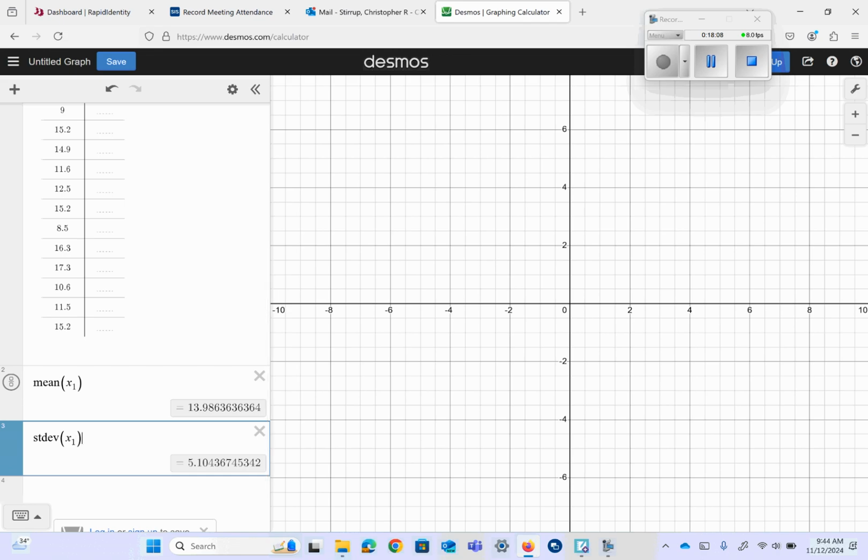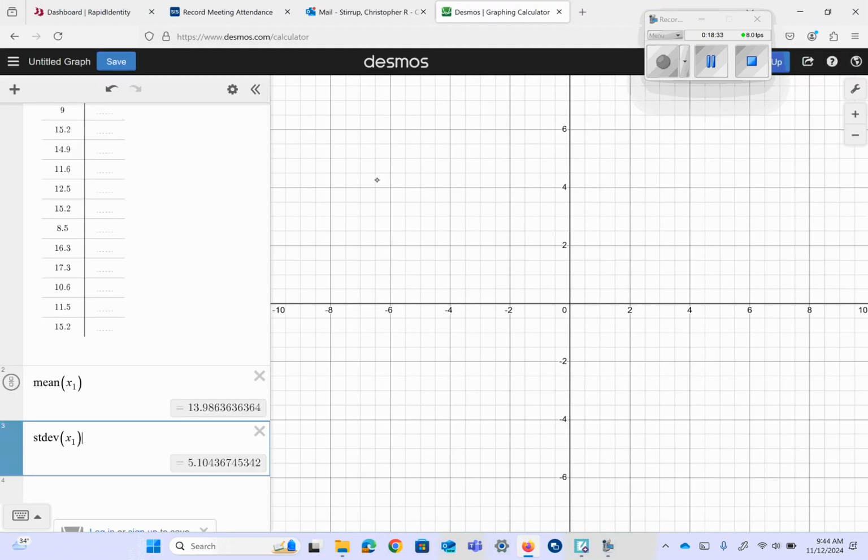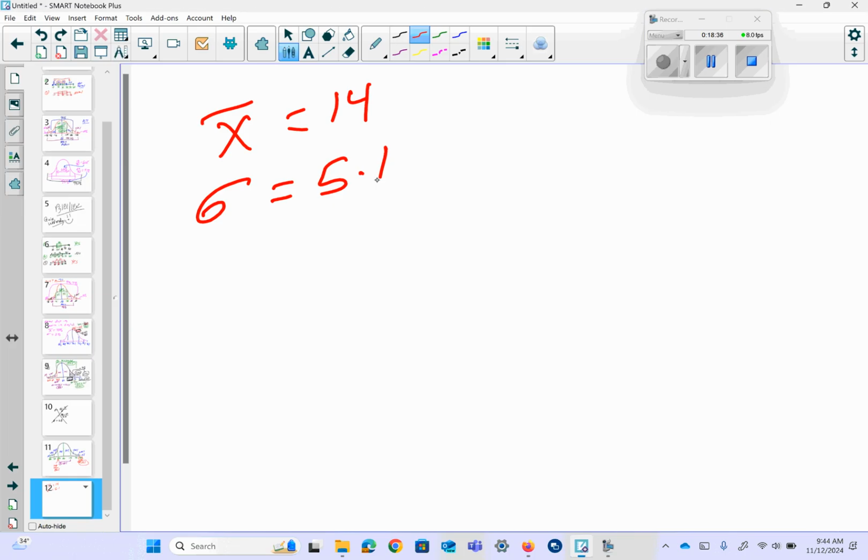So it finds us our mean and our standard deviation. 13.99, so we're going to call it 14, and 5.1. Mean and standard deviation, that works.